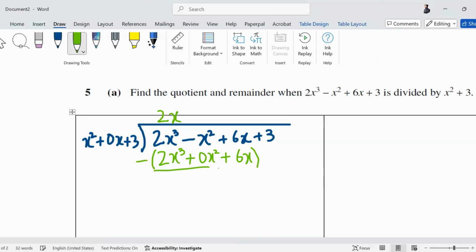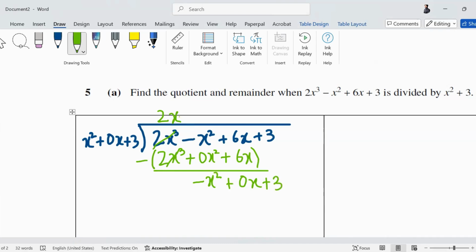This made sure that below x cubed is the x cubed term, below x squared is the x squared term, even if it is a 0x squared. So it made this subtraction easier. 2x cubed cancelled out. This will be minus x squared. 6x also cancelled out, but do write it as plus 0x plus 3.